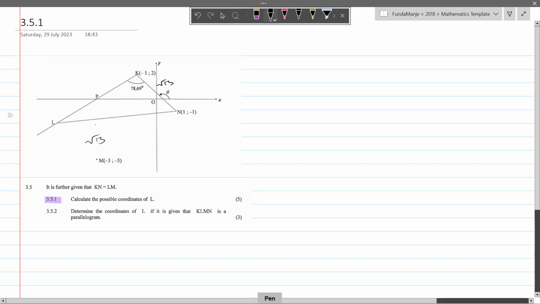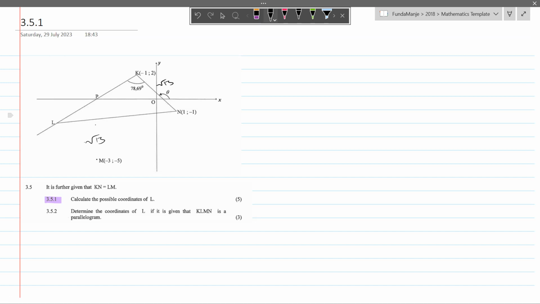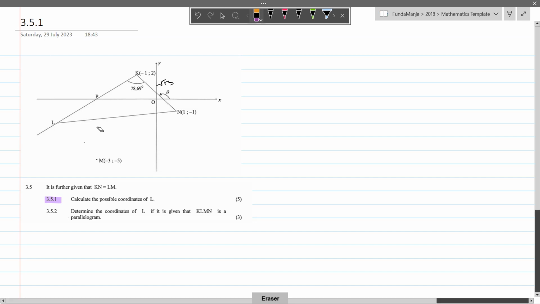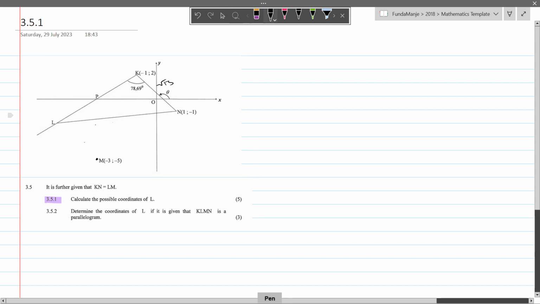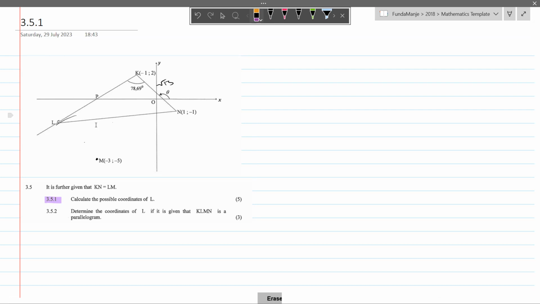As long as it is on this line, then we can call it L. So what we can do is create a circle, where the center is (-3, -5), and it has a radius equal to root 13. So that would be a circle like something like this.